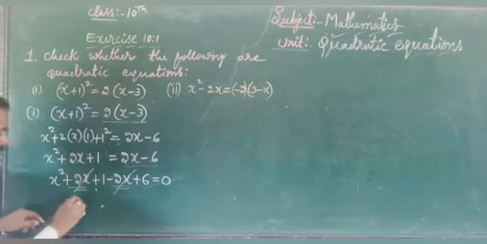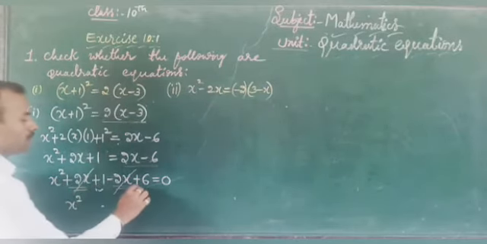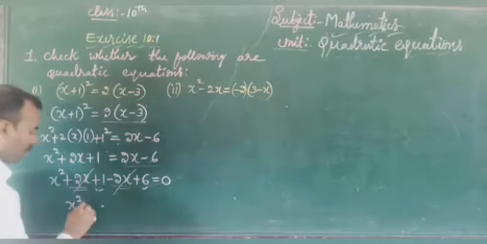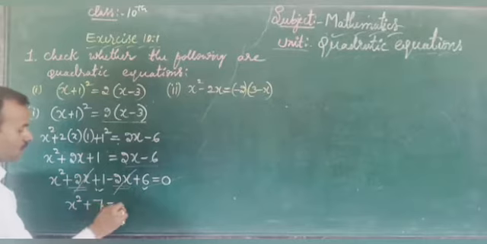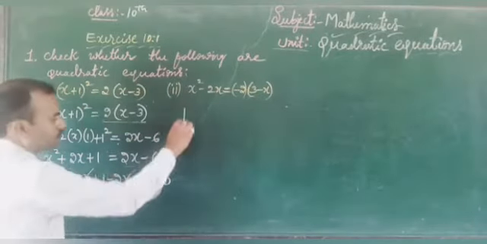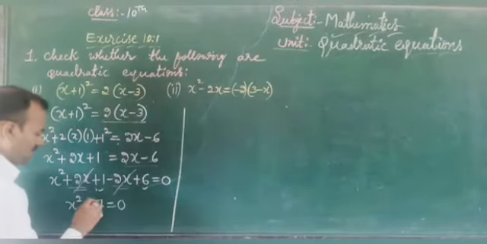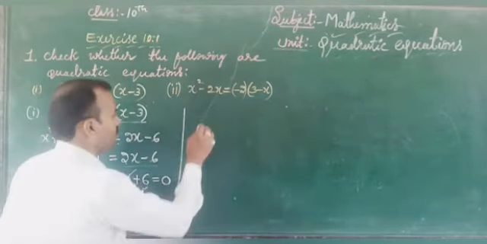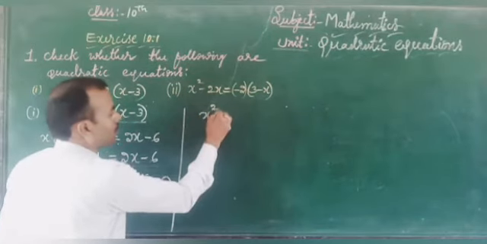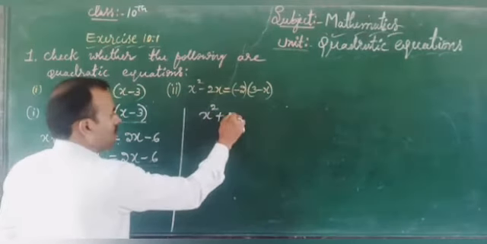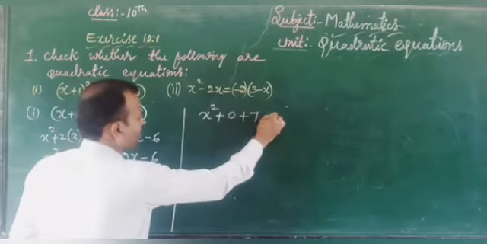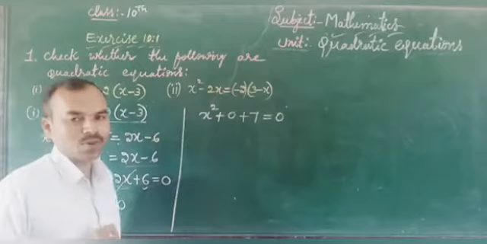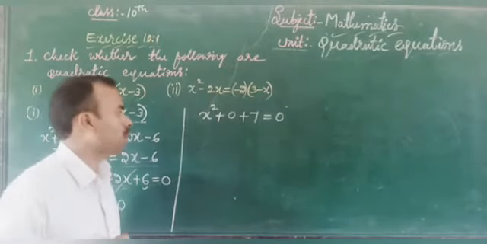So write x square, here plus 1 and plus 6, the sum is 7. Plus 7 is equal to 0. So I rearrange this as x square plus 0x plus 7 equals 0, because this is of the form ax square plus bx plus c equals 0.